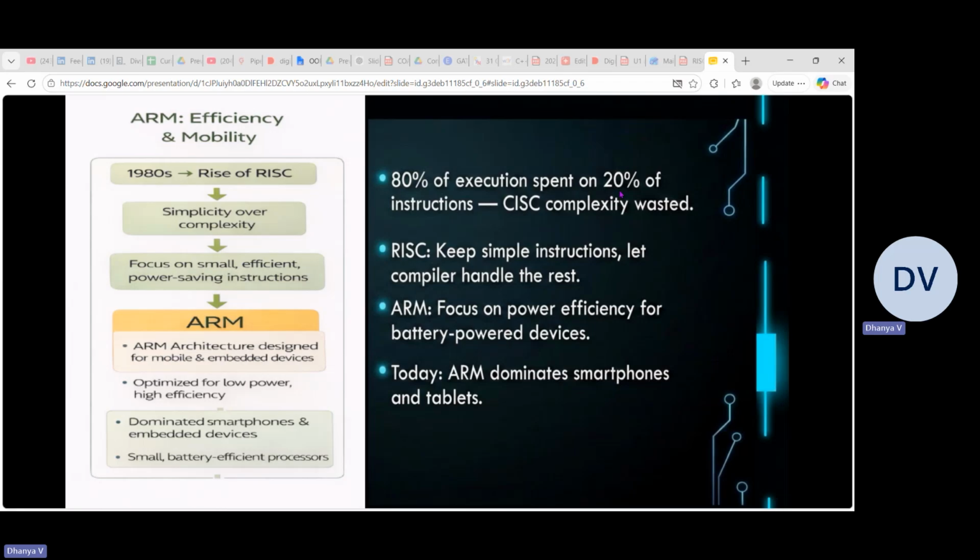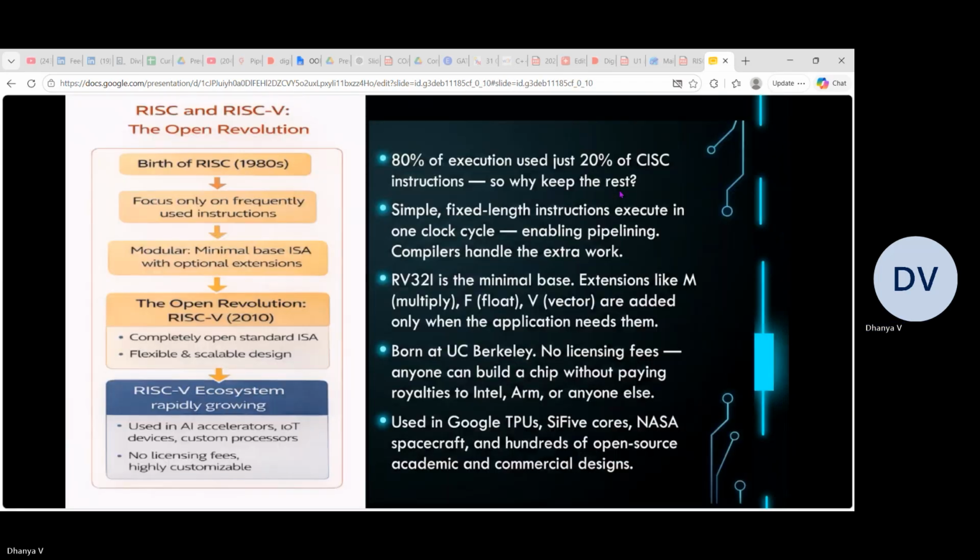Next, I'll talk about RISC and the RISC-V architecture. We'll come back to this in two minutes, but I just want to talk about one or two things, because when I was studying this I got a couple of doubts. While doing cache mapping in memory management, we discussed that when the cache is repeatedly updated with values, how do we ensure those values are updated in the RAM also?